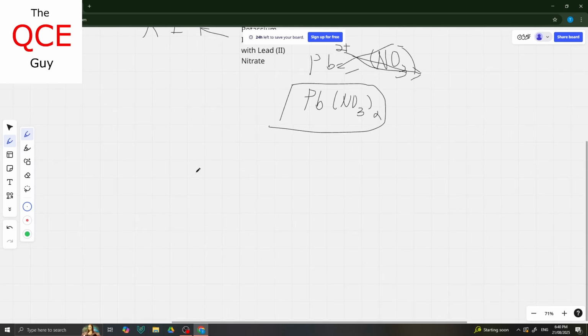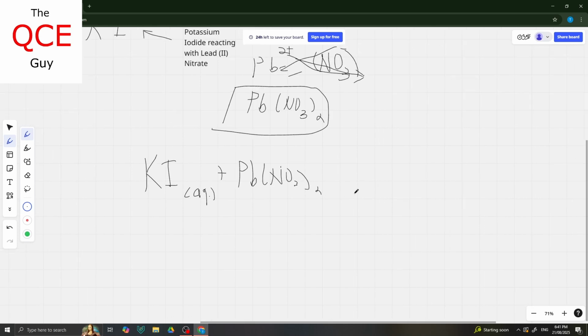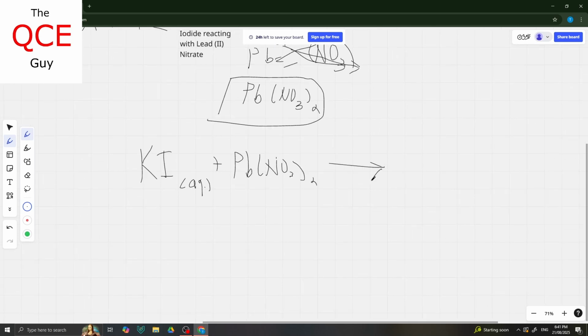And we can write the first part of our equation: potassium iodide in an aqueous solution plus lead nitrate, Pb(NO3)2. Now the next part of the reaction we're going to consider is basically a double displacement, where these are just going to swap positions with each other.